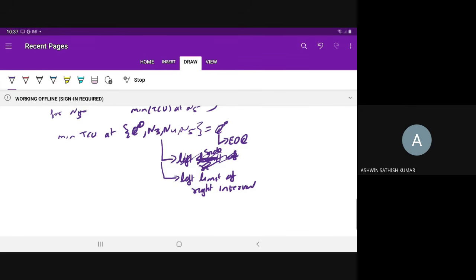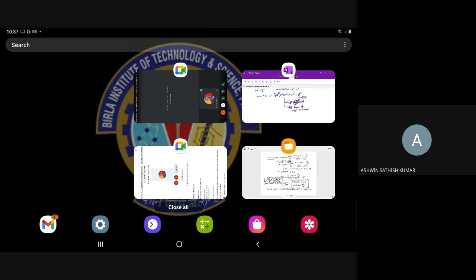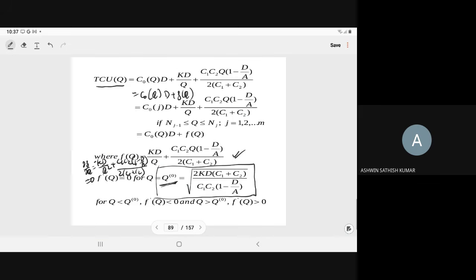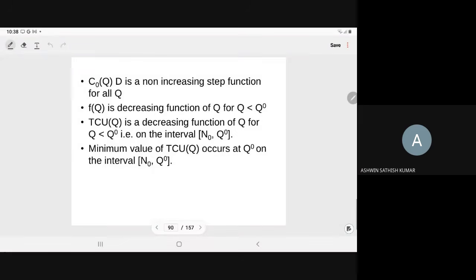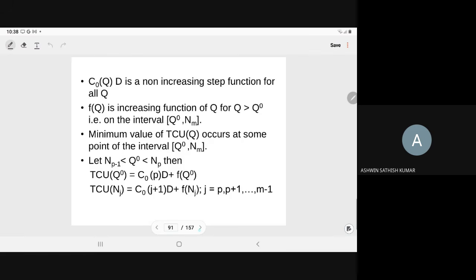So when we have the Q star, after noting the Q star, all this we have explained here. So in the C naught D, a non-increasing step function for all Q, you can understand from here.